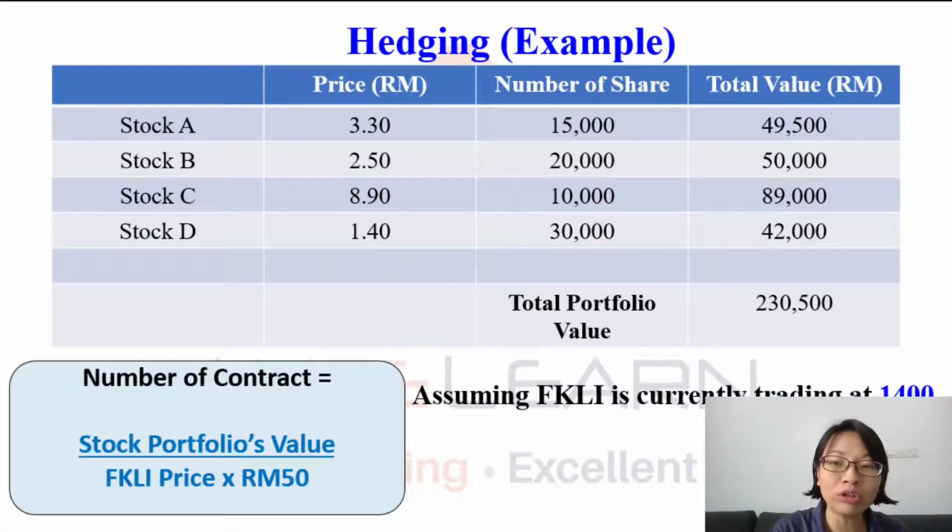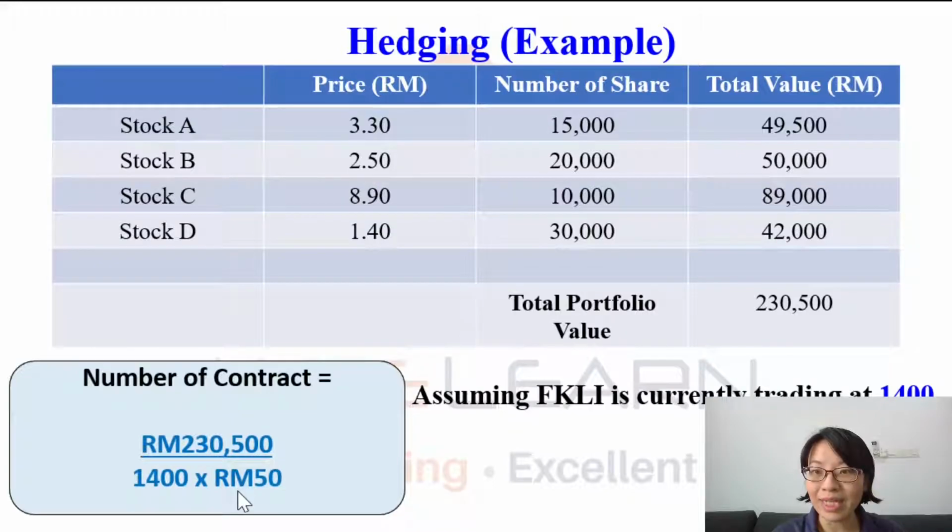Look at this formula. You take your stock portfolio value, which is 230,500, divided by the current FKLI price, which is 1,400, times 50, your contract size.